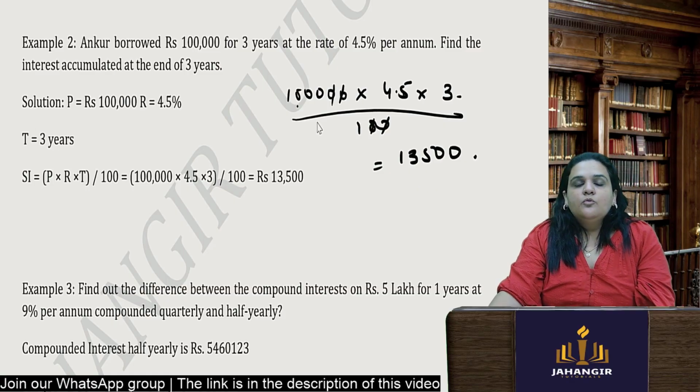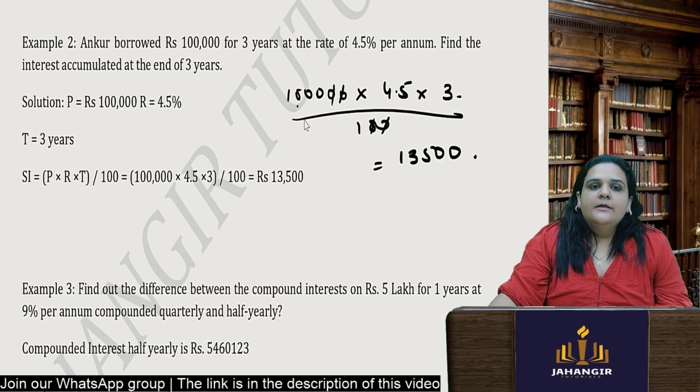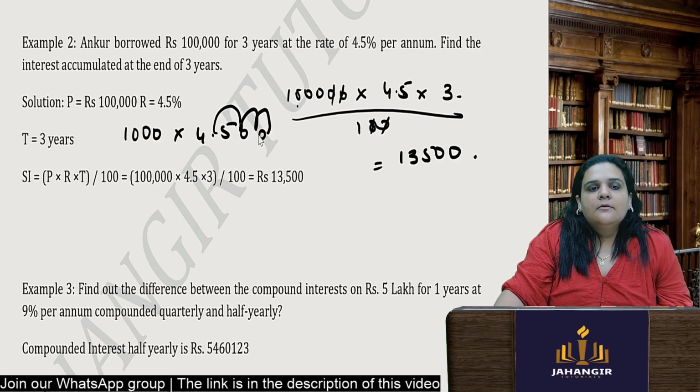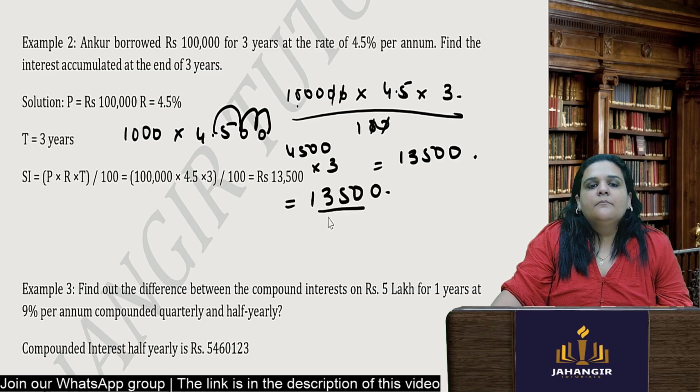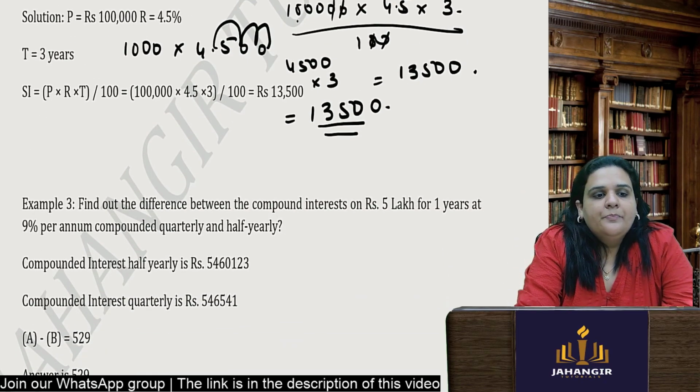Okay. So you have to do the basic multiplication. 1000 into 4.5, 3 zeros, so 1, 2 and 3. This will become 4500 into 3. It will become 13,500. These are simple basic calculations which you all should know.